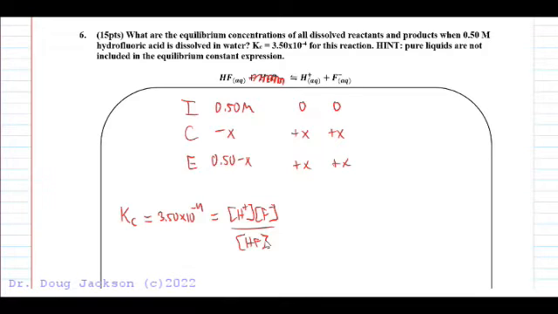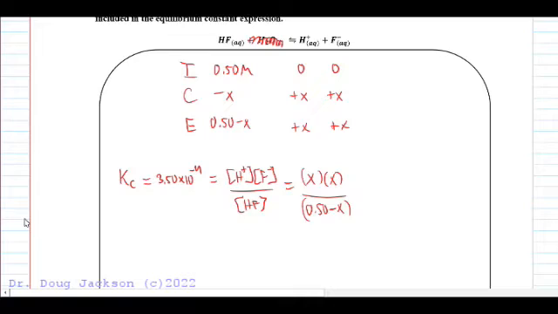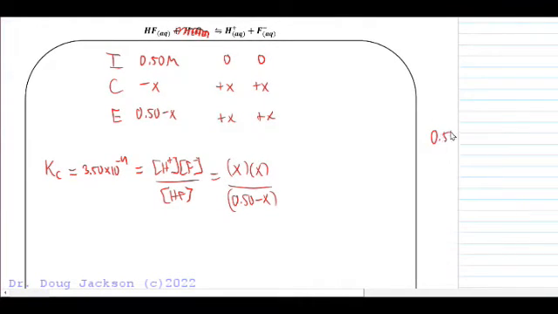All right, so let's go ahead and write in our values. So X times X, and then 0.50 minus X is going to be equal to 3.50 times 10 to the minus 4. Well, at this point, we can do things the shortcut way by observing our equilibrium constant is very small relative to our initial concentration. And so if 0.5 is 5 times 10 to the minus 1, okay, so there's 0.50.